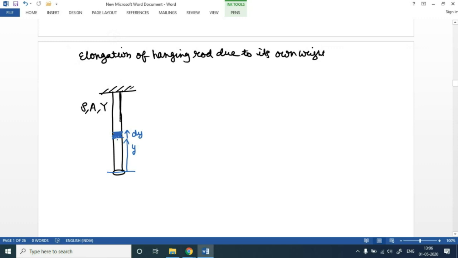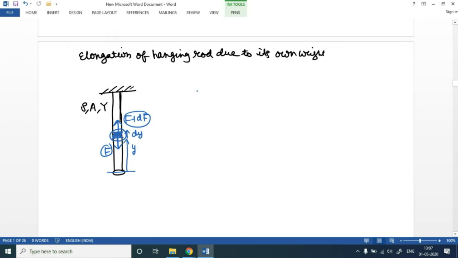So there would be F acting in this direction and F plus dF acting in this direction. When you do the force balance, the resultant of this and this would be dF in the upward direction, and that will be balanced by its weight in the downward direction.